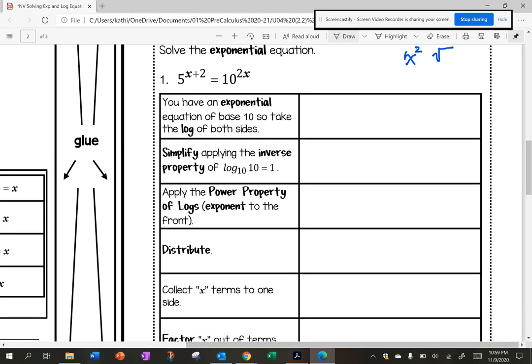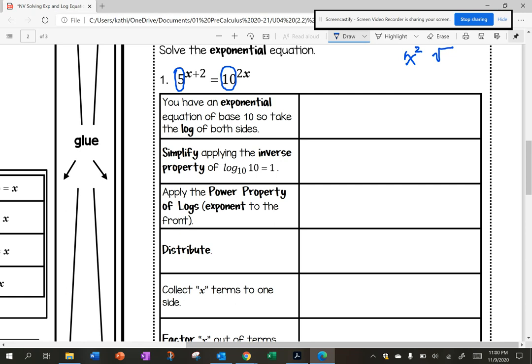So I wrote down what I'm doing, and we are going to do the math on the right. I'm starting out by looking at the bases. I have a base 5 and I have a base 10, so I have two different bases. My goal is I want to get to the same base.